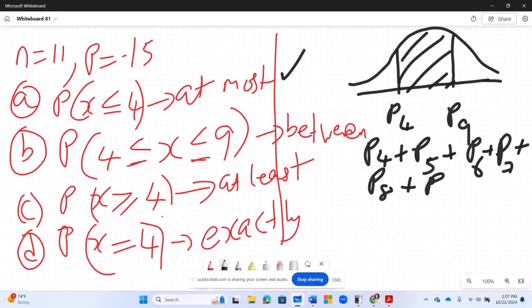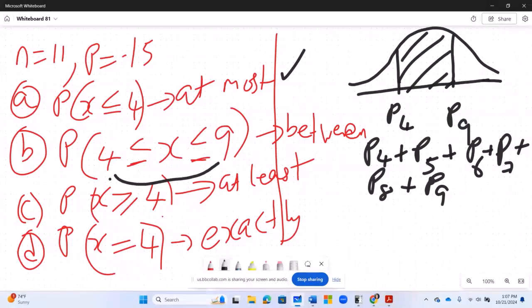I can do them individually, or I can use my calculator, accumulating and subtracting. If I'm looking for exactly P4, it means I can accumulate from P3 down. So I accumulate up to P9, and then subtract P3.